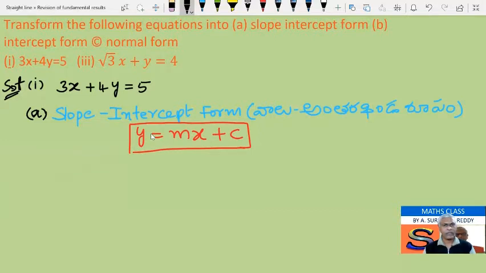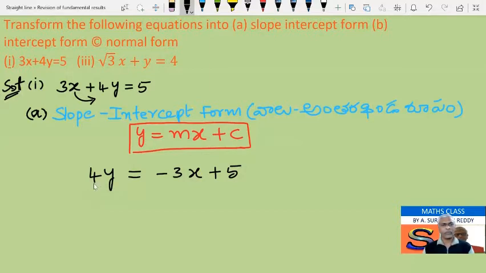So y term should be in the left side. Keep the y term in the left side and bring the x term to the right side. 3x becomes minus 3x and 5 is already in the right side. So now on the left side only y should be there.